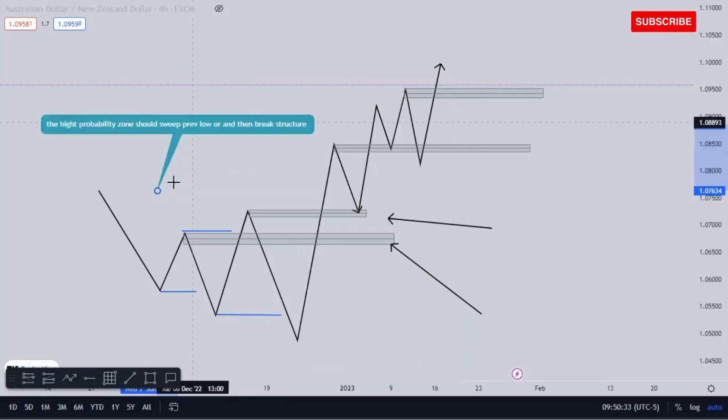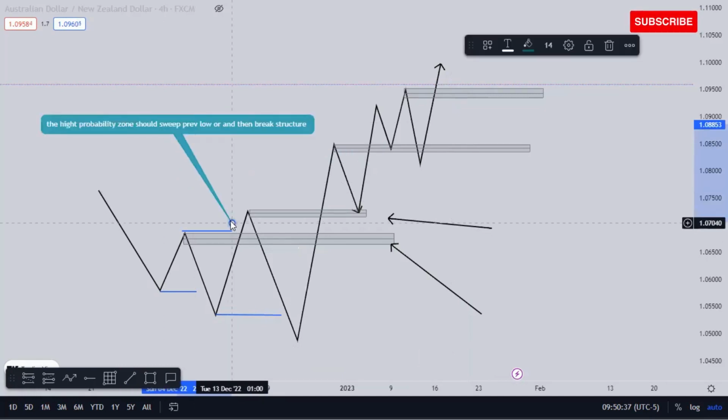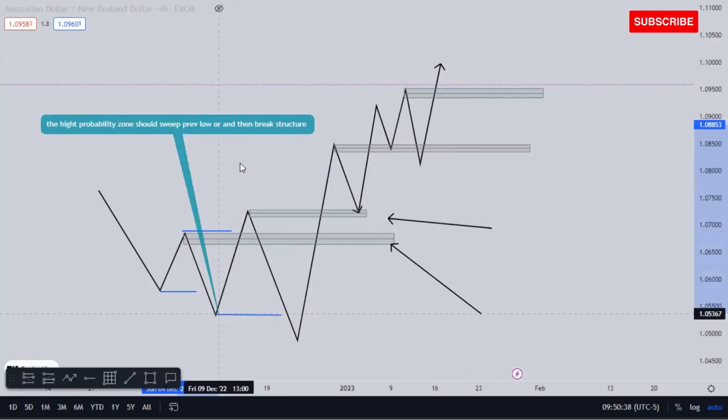What did I say? The high probability zone should break the previous high and then break structure.